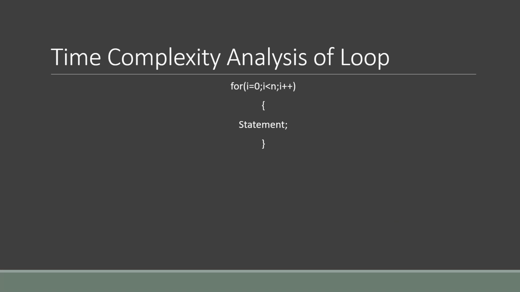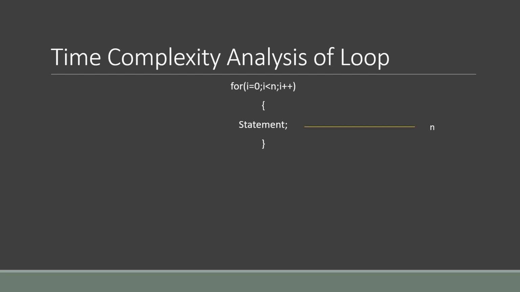Now let's see an example of a loop, and how much time a loop takes in terms of time complexity. Here we have for i equals 0, i less than n, i plus plus. From the for loop we can understand that the statement will execute exactly n times.